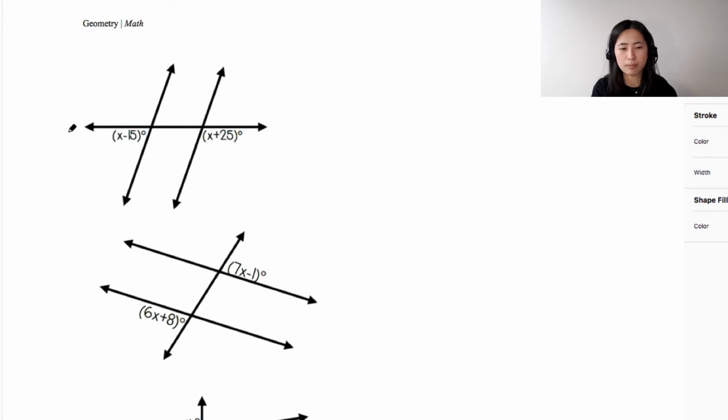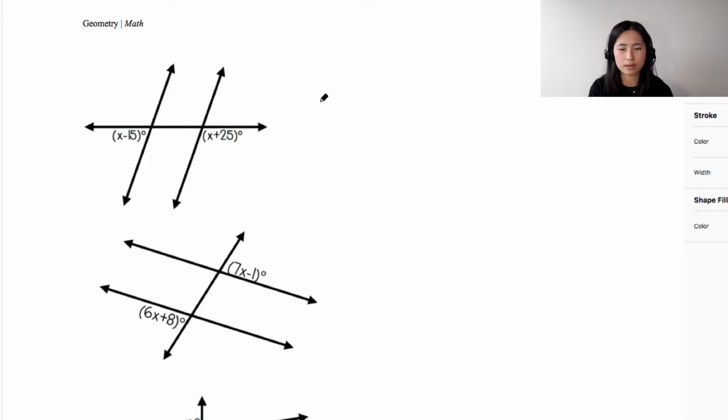Depending on where you are on your transversal, the angles would be either supplementary, meaning the two angles sum up to 180 degrees, or equal to one another, which means they're congruent.